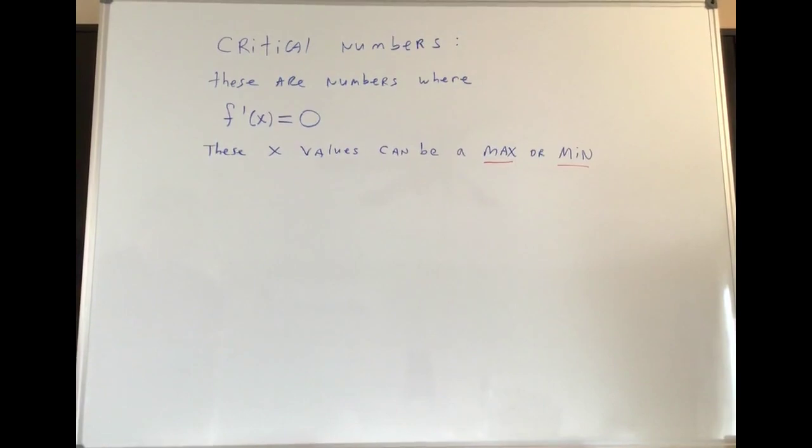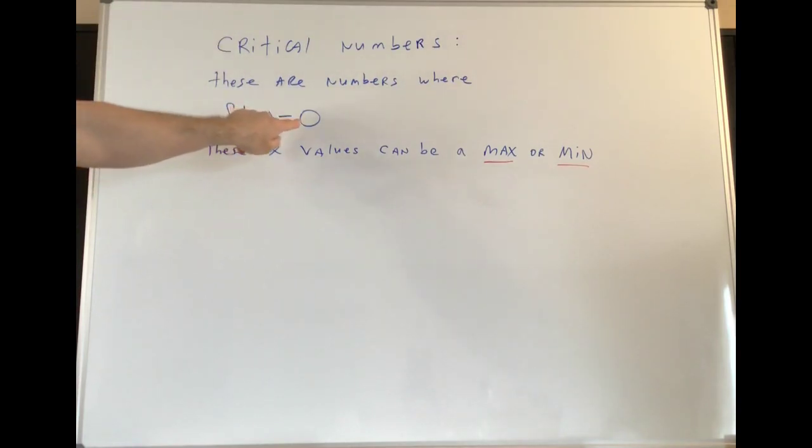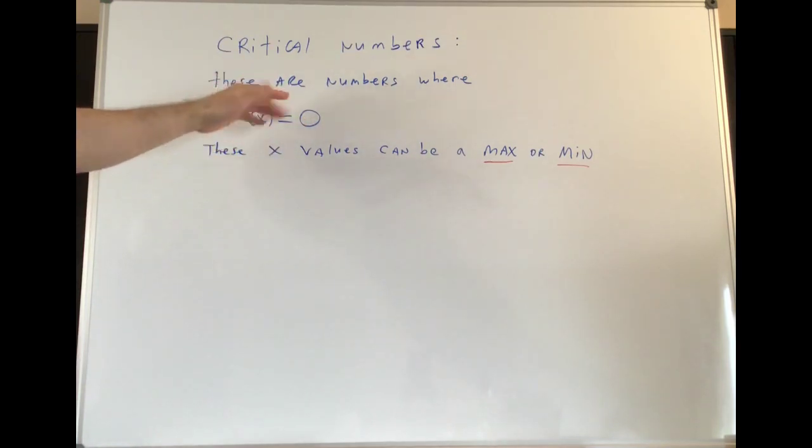So as always, I have to give you definitions before I can start actually doing anything. So there's going to be this thing called critical numbers. These are numbers where you take the first derivative, you set it equal to 0 and solve, and you get those numbers. They're numbers that when you plug them into the first derivative, you get 0.